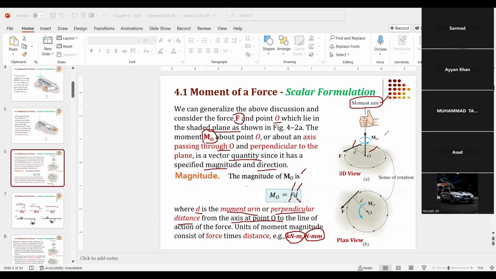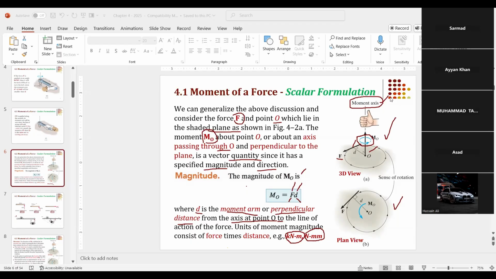This is a 3D view, and right here is the plan view. So you can see this blue circle that tells you that force F is producing counterclockwise moment. Okay, force F is producing counterclockwise moment.